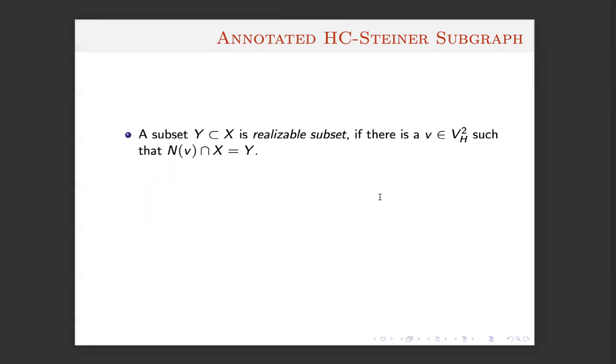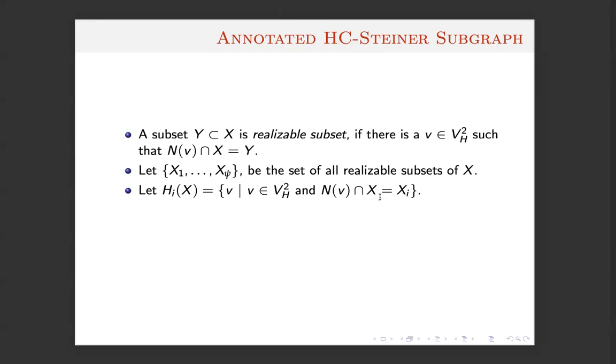For a given set X and a subset Y of X, if there exists one vertex V in V2H such that the neighborhood of V in X is exactly Y, then we will say that Y is realizable with respect to X. So let us assume that X1 through Xi be the set of all realizable subsets of X, and Hi of X be the vertices in V2H which have neighbors in X exactly equal to Xi.